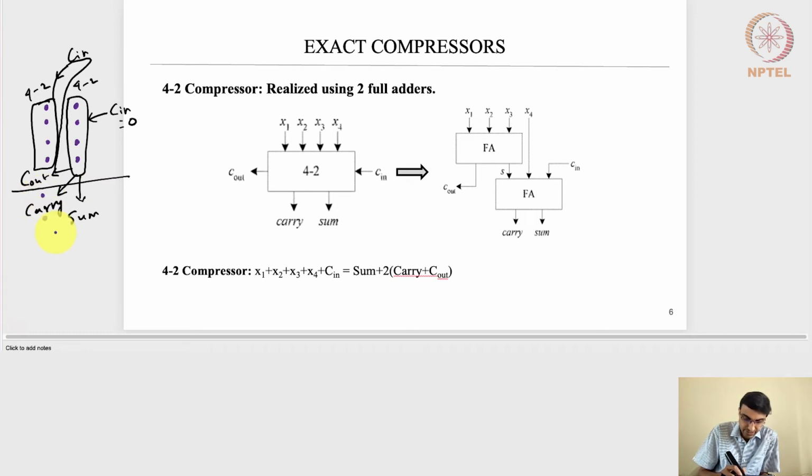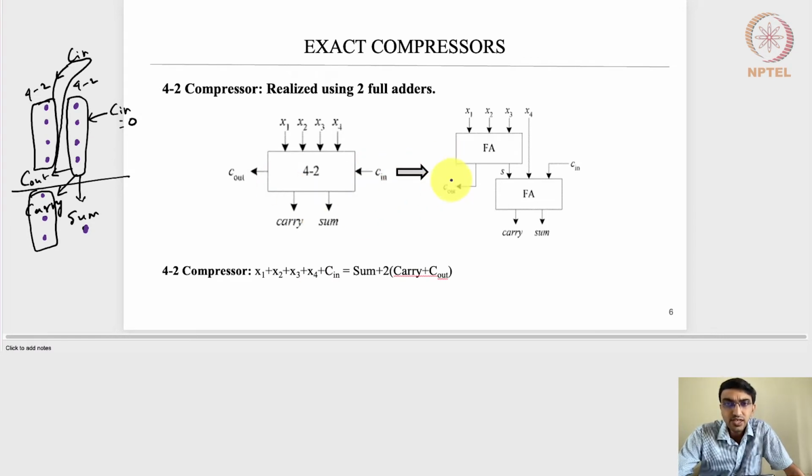When we create the partial product, this carry in will go into the next stage. The sum will be considered as a dot, or rather as a partial product, in the next stage. Right, hope this is clear. So that's why the 4:2 compressor will have 2 carry outs: one going into the same stage, the second one going into the next stage.